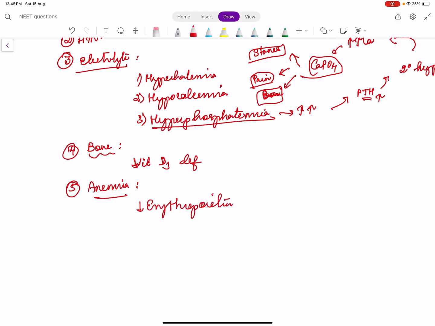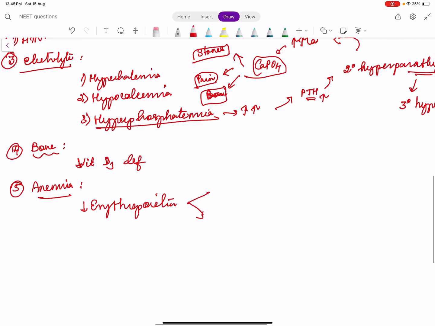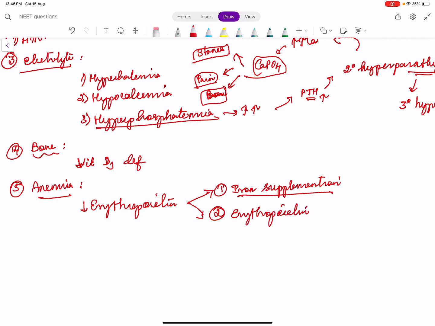So if there is anemia in CKD, how will you treat? First is iron supplementation. So it is not erythropoietin which is given first. In any anemia of CKD, first you have to look for iron stores and correct the iron deficiency. Only then we have to give erythropoietin. I think this was discussed in one question.